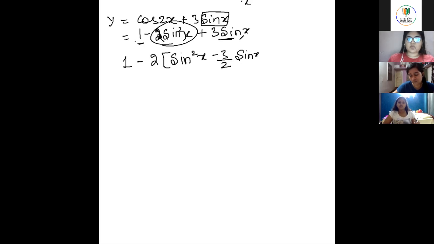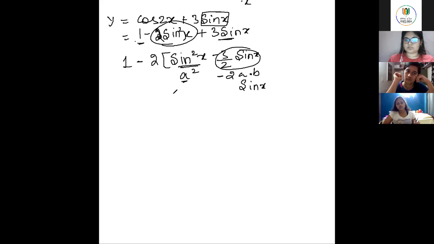So here what did I do? This is my a square, and this is my minus 2ab part. Since a is sin x here, what should b be to get me this value?